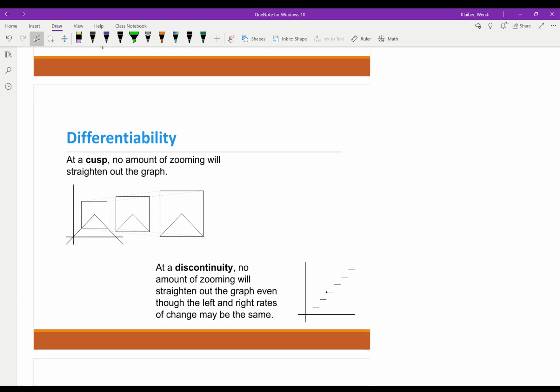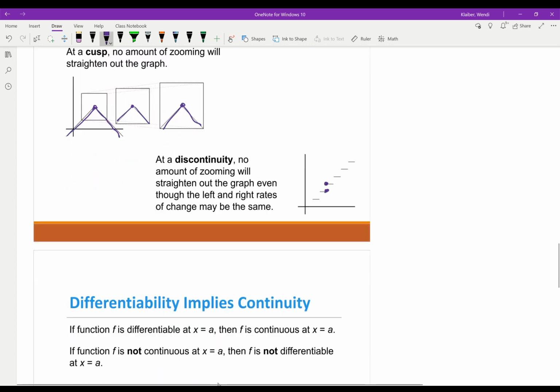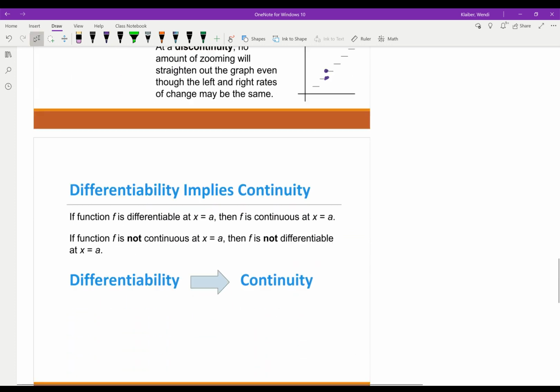As we mentioned earlier, if we have a corner or a cusp, it doesn't matter how much we zoom in on that corner or cusp, it's going to maintain its position, and it is not going to become locally linear. Also, no matter how much I zoom in on a discontinuity, it is not going to become linear. So local linearity is just another tool for us to check whether a function is differentiable.